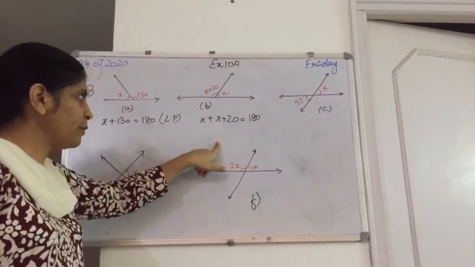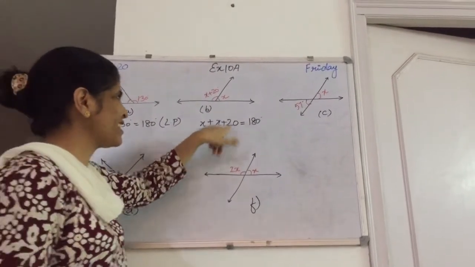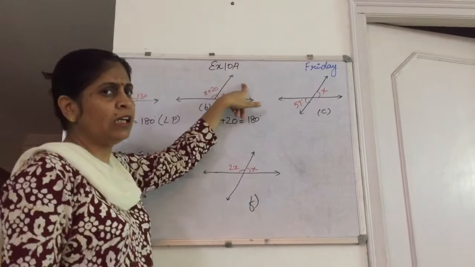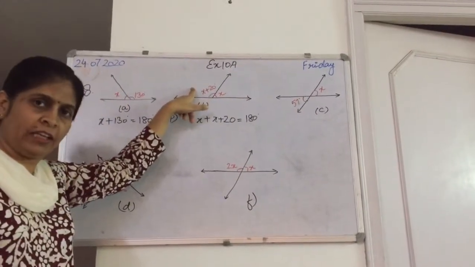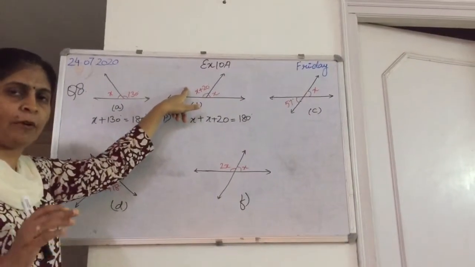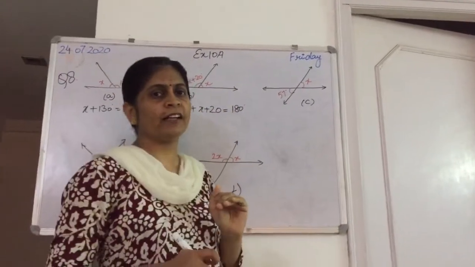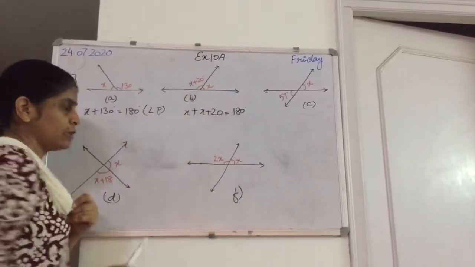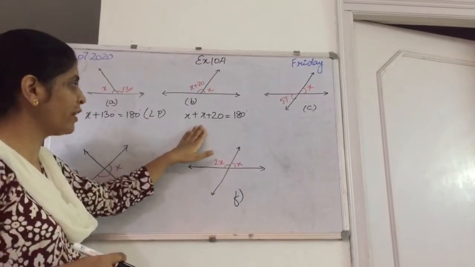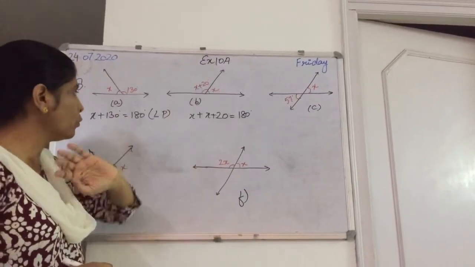For example, if you get the value of X as 60, then this will be 60 and this is 60 plus 20, 80. I am giving an example although it is not 60. But if it is written find the angles, then you have to find both the angles. Here only the value of X is asked, so you find out only this.